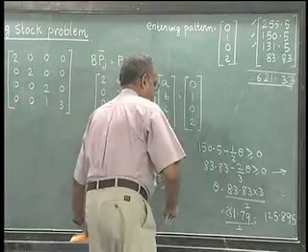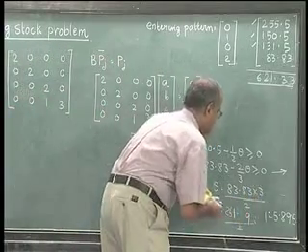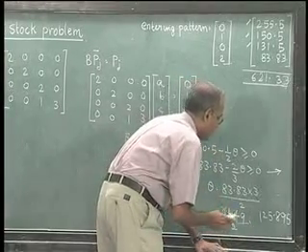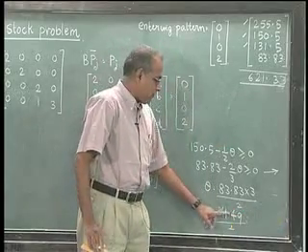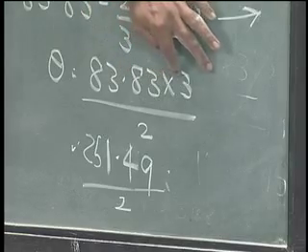3 3s are 9, 8 3s are 24, 2, 11, 251.49 divided by 2. This is actually 251.5, because this is a recurring 0.83333.